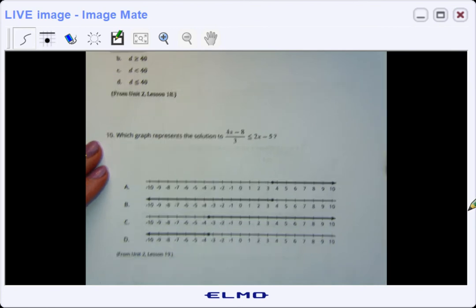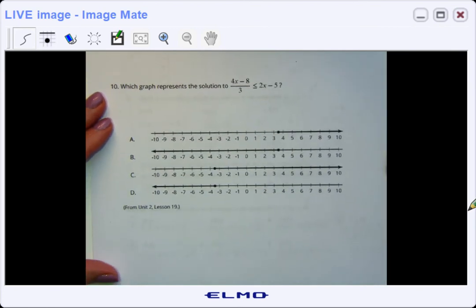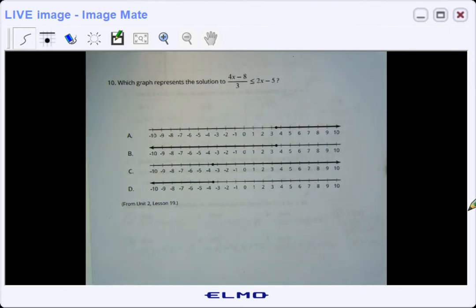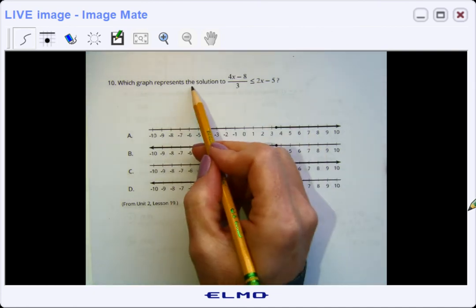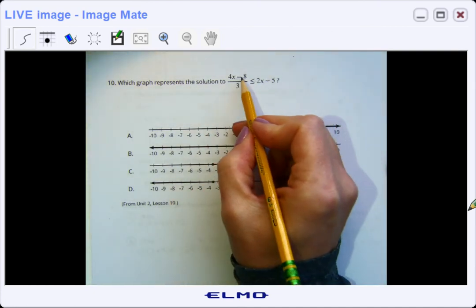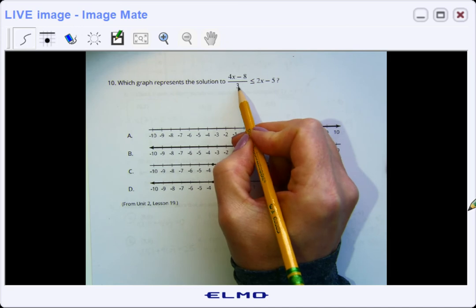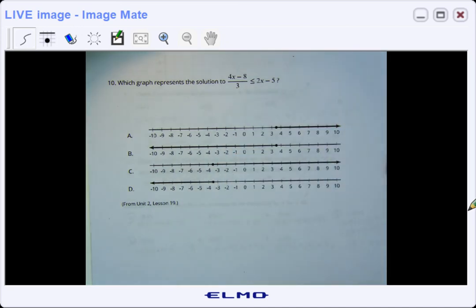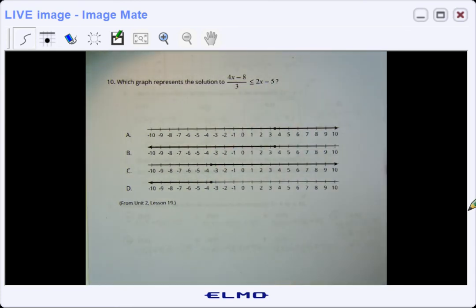And finally, number 10. So this is a review of what you did at the end of last week. Which graph represents the solution to (4x minus 8) divided by 3 is less than or equal to 2x minus 5? And so we could start by solving this inequality as if it were an equation.